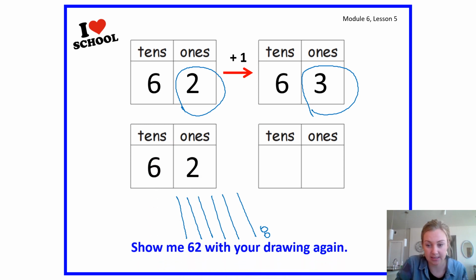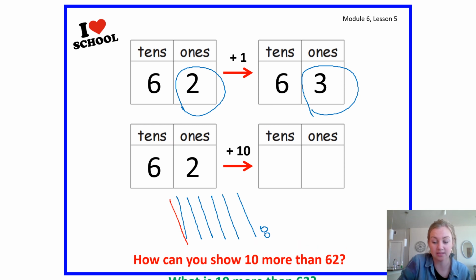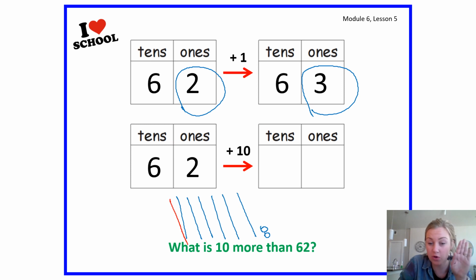Now I want to show 62 again. This time, I'm going to add 10 to 62. So if I add another 10 to this drawing, now I have 7 10s and 2 1s. What is 10 more than 62?